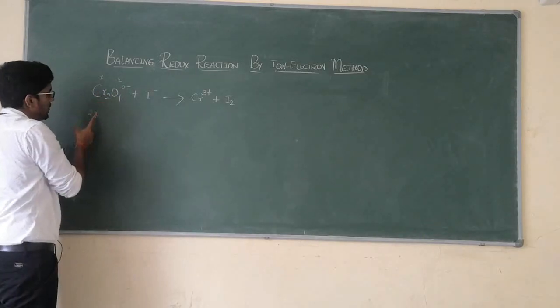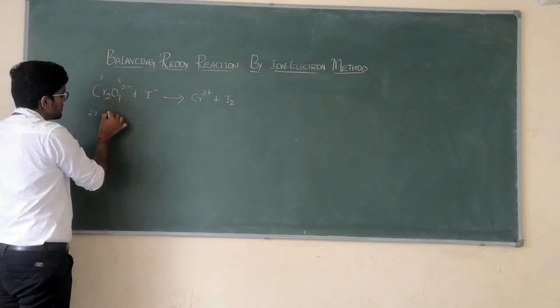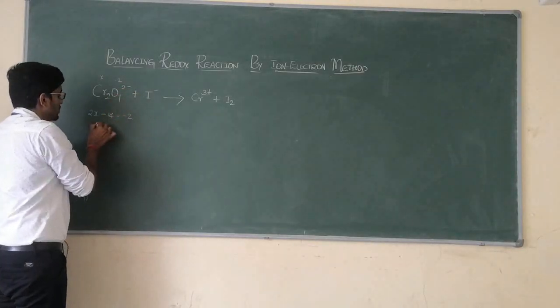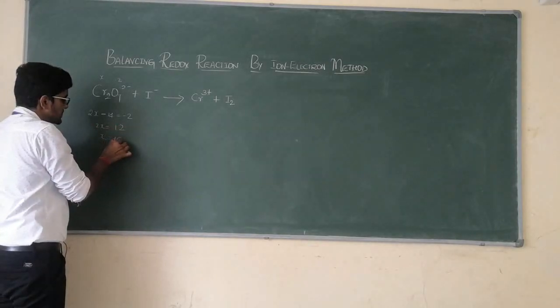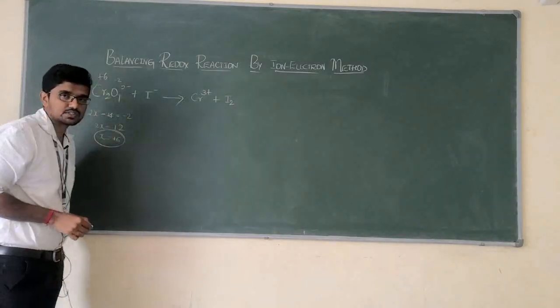There are 2 chromium, so 2x minus 14 is equal to the overall charge, -2. So 2x is equal to 12 and x is equal to +6. The oxidation state of chromium here is +6.